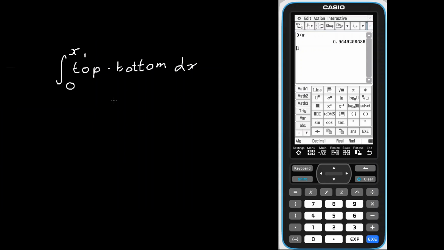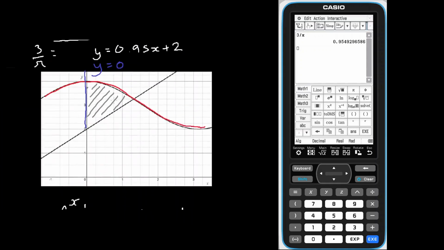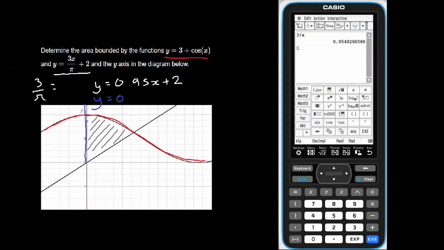We're going to find the intersection. So what we can do really quickly is make them equal to each other: 3 plus cos x is equal to 3x all divided by pi plus 2.